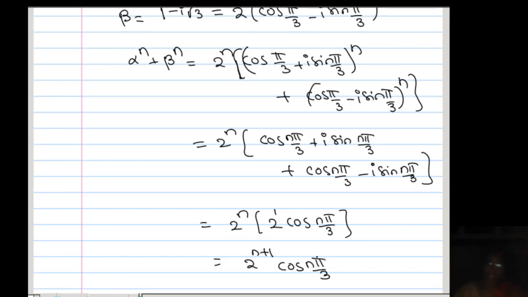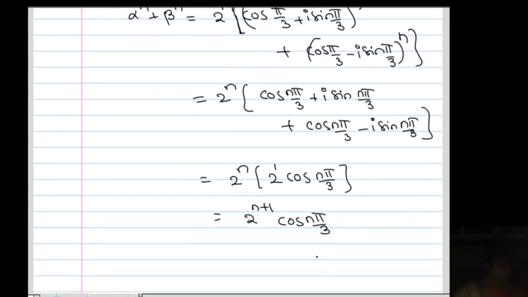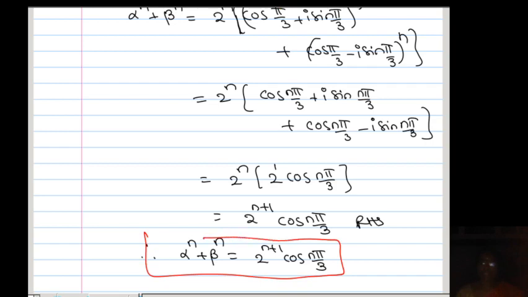I think this is your RHS. So what is the LHS? Finally we proved alpha power n plus beta power n is equal to 2 power n plus 1 into cos of n pi by 3. This is RHS. We proved LHS is equal to RHS. Okay. So this is your second bit, first problem.